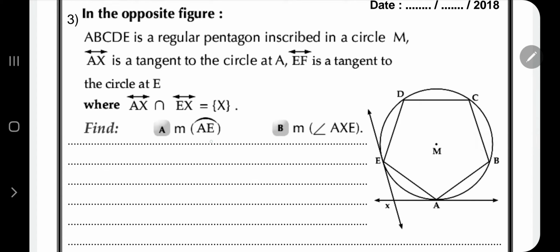How can I get the measure of arc AE? At first I will draw an angle. As you know, this is a regular pentagon. I will divide it into 5 angles.